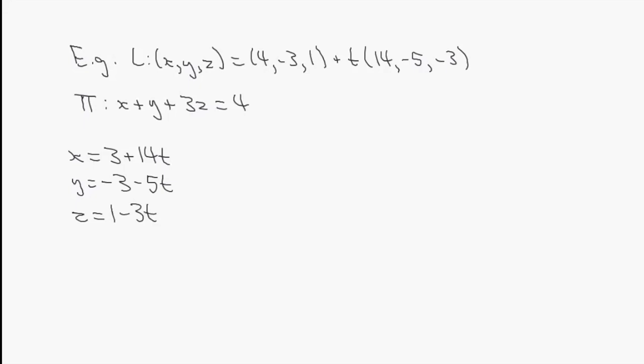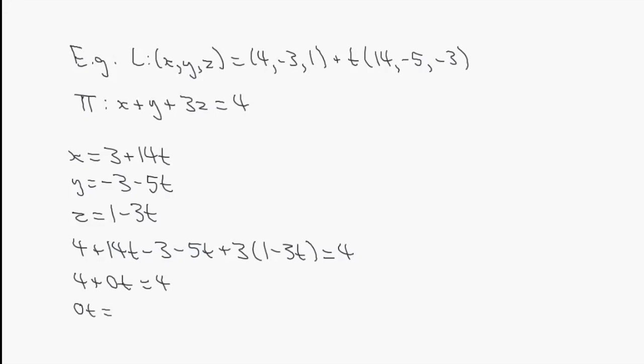So like usual, we do simultaneous equation. 4 plus 14t minus 3 minus 5t plus 3 times 1 minus 3t equal to 4. So simplifying the equation, 4 plus 0t would be equal to 4. Hence 0t equals to 0.